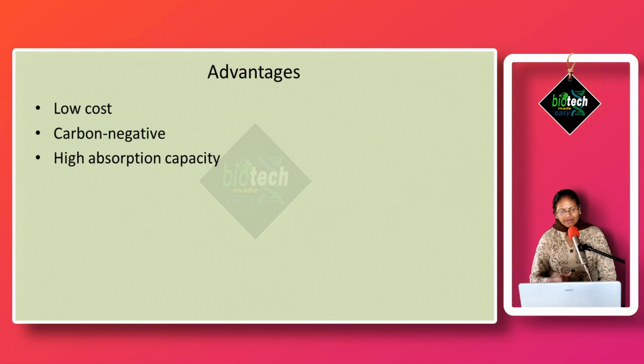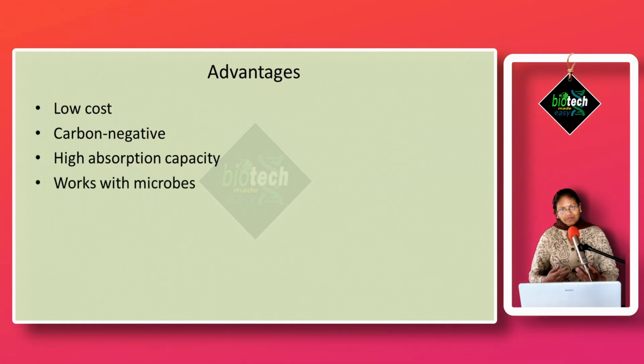The next is high absorption capacity. Here, when the pollutants are there around the biochar, it can absorb a large amount, and sometimes even more pollutants can be trapped as compared to its own weight. So it has high absorption capacity.